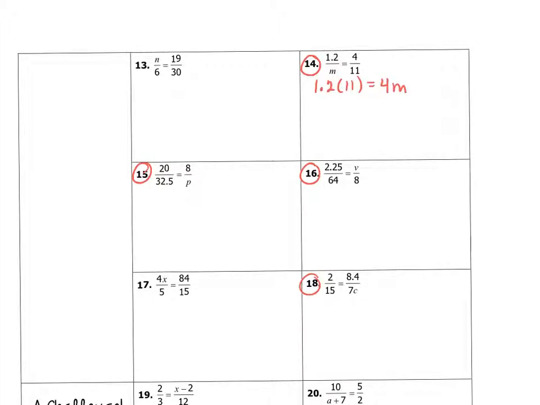So 4m, or 4 times m, is equal to 1.2 times 11. I'm going to multiply 1.2 by 11 using my calculator. So 13.2 is equal to 4m, and divide both sides by 4. I'm using my calculator for the computation, but I'm still showing my work: m equals 3.3.